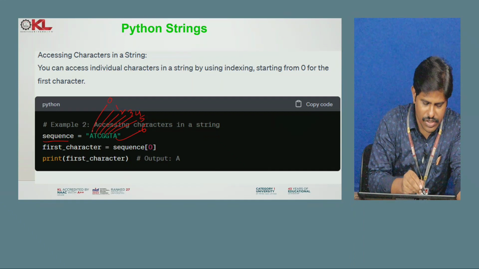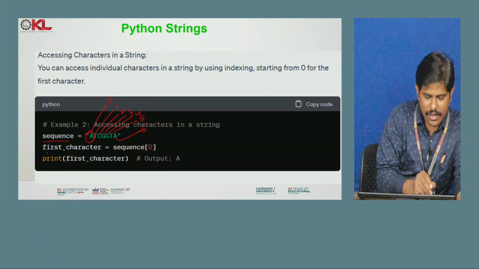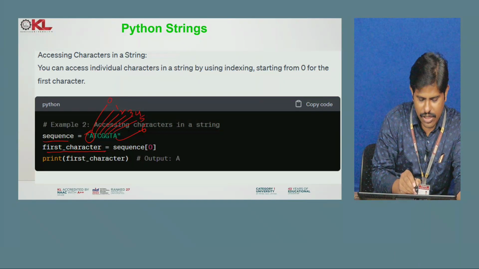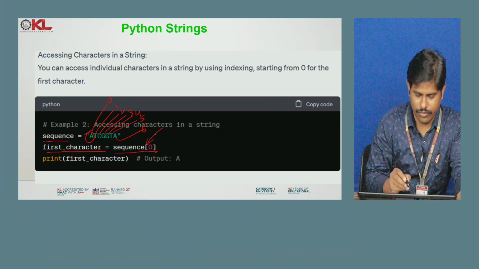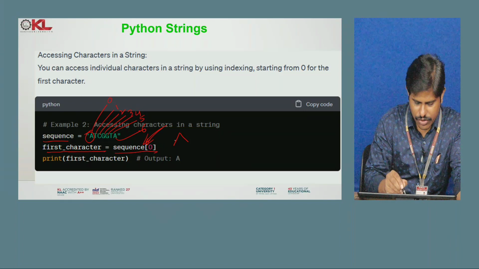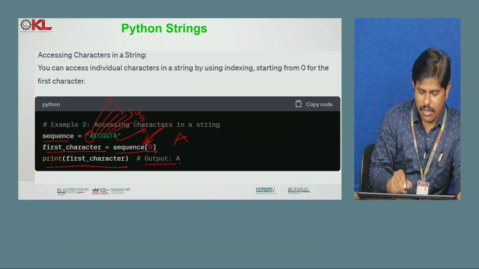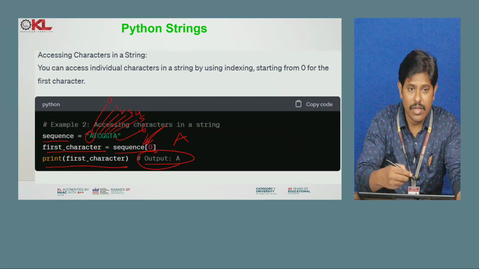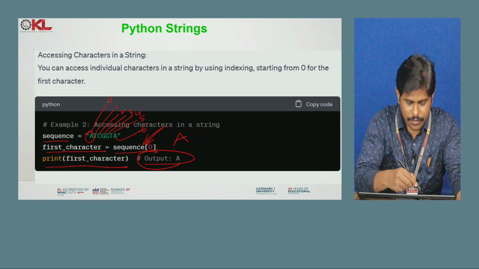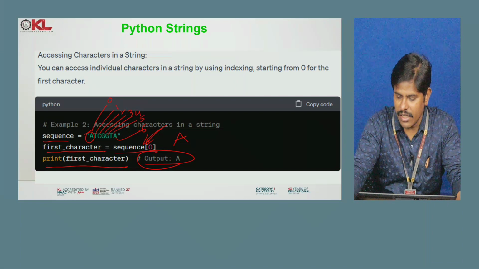To refer to the first character you have to say first character equal to sequence[0]. It indicates the nucleotide A. When I say print first character, the output will be A on the screen. So in this way, starting from number 0, you can access individual characters in a string.